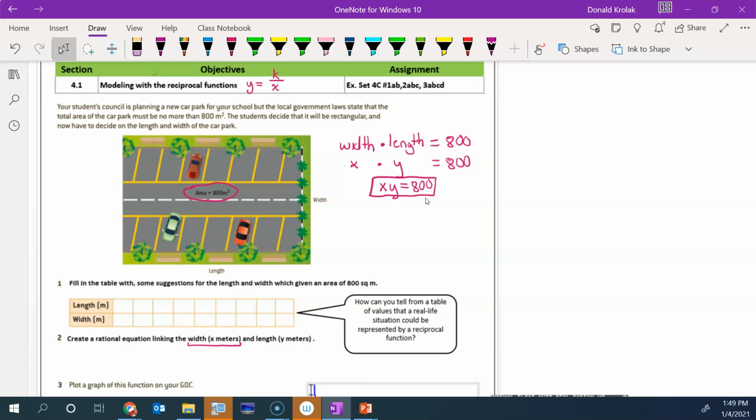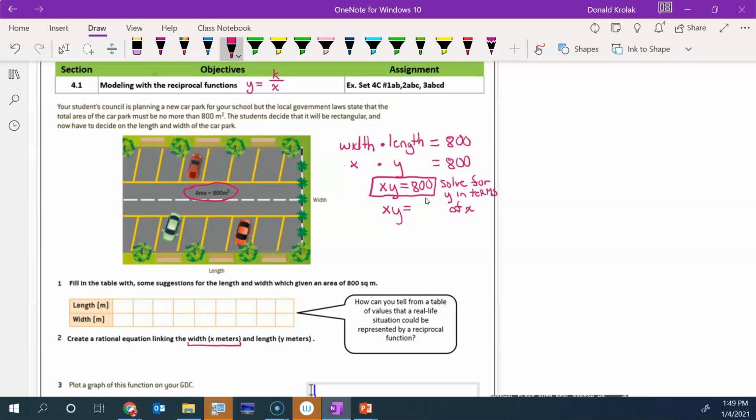Now, if I solve this for y in terms of x, to get this, what I would do is divide both sides by x.